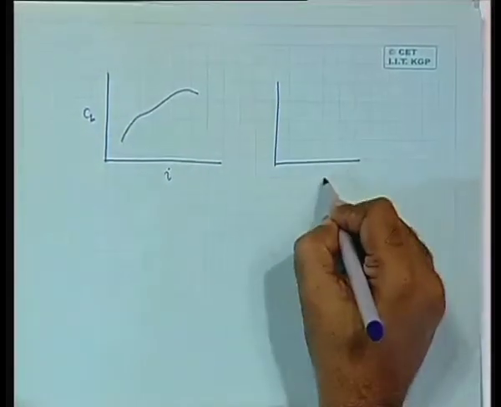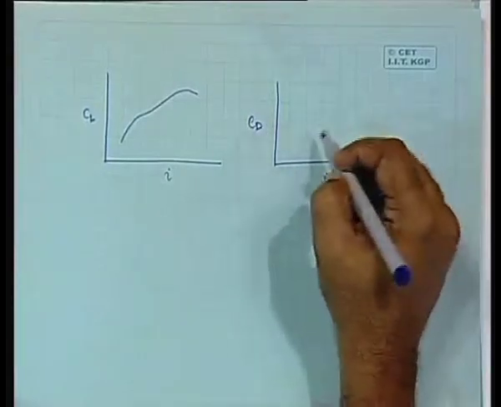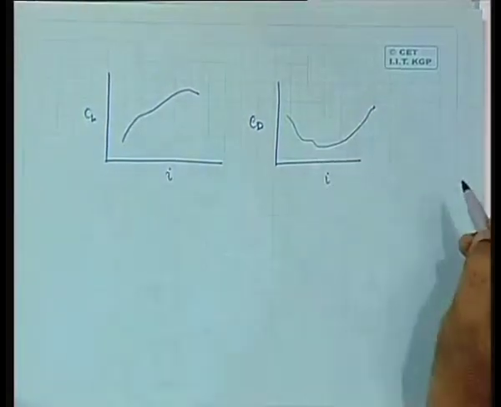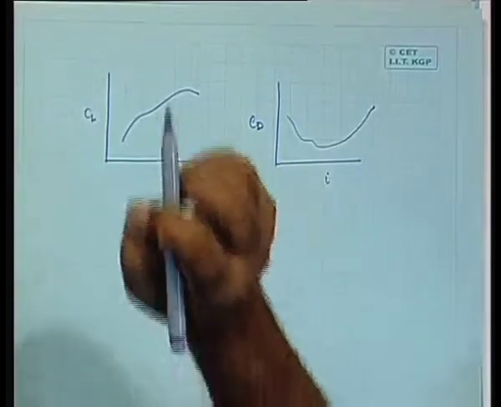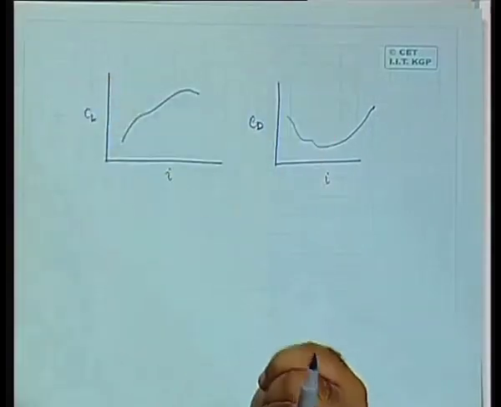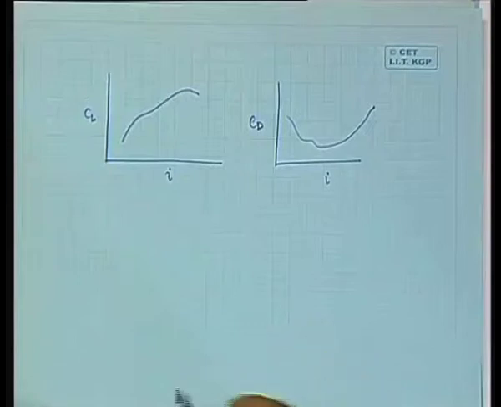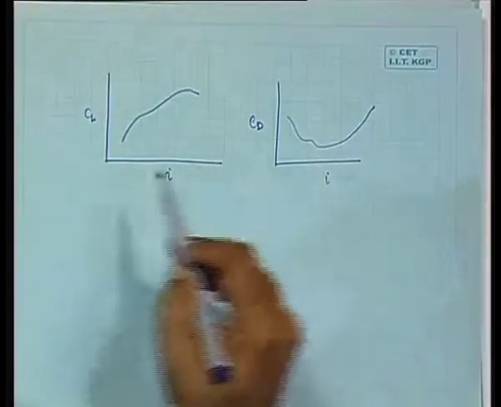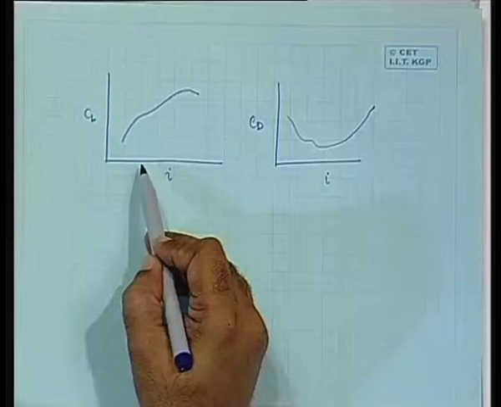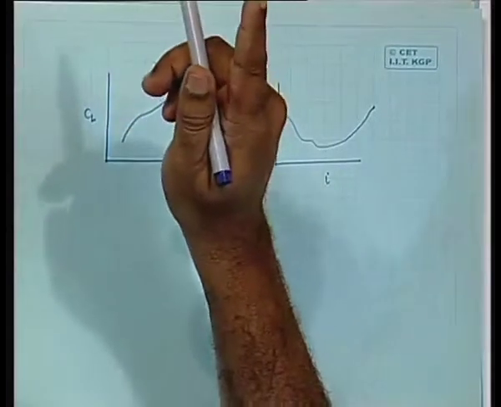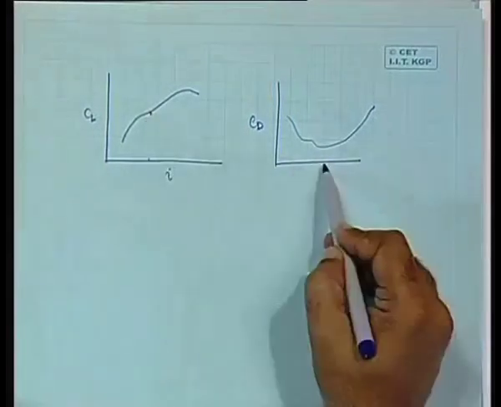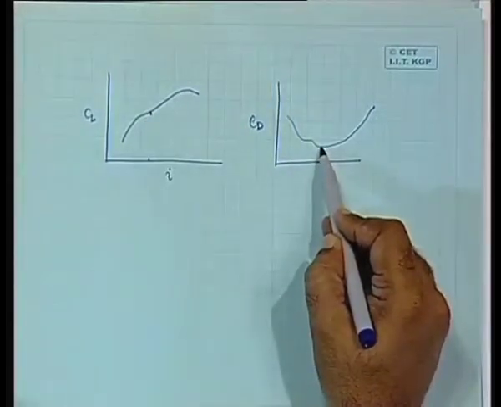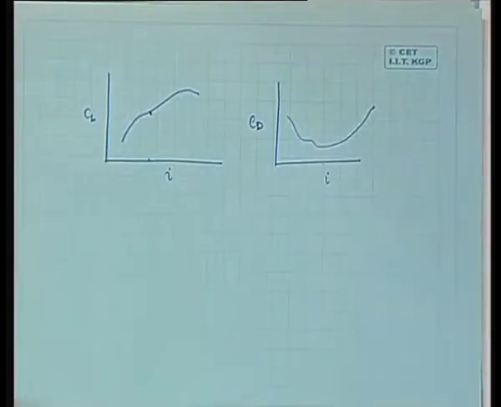Small i versus CD will have some kind of characteristic. These are very specific to that particular airfoil. There is no general characteristic. So depending on the angle of attack for that particular blade element, you have to read the value of CD, read the value of CL, and substitute here.